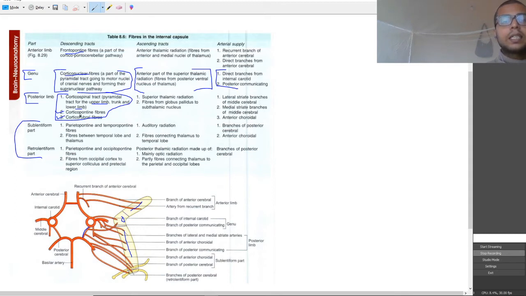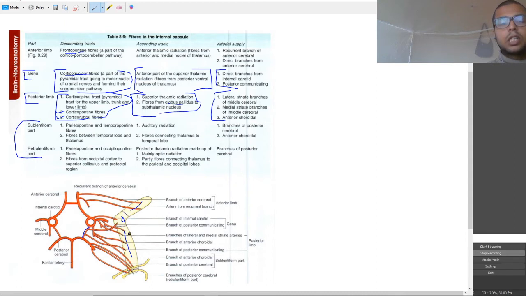Regarding ascending tracts, there are the superior thalamic radiation and fibers from the globus pallidus to the subthalamic nucleus. Regarding blood supply, here you can see the lateral striate branch of the middle cerebral artery.